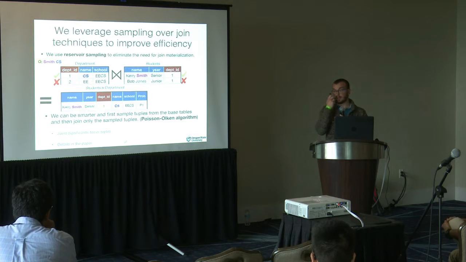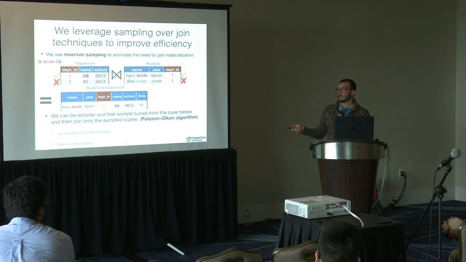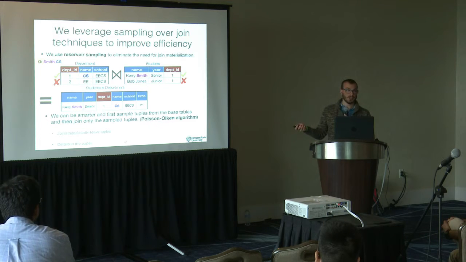So the first issue is solved by using reservoir sampling, which eliminates the need to actually materialize the full join. We can simply sample as we're joining tuples, so we never have to store the entire join. And then the second problem, that's still kind of slow, and so we further improve it by implementing what's called the Poisson-Olkin sampling algorithm, and that instead does some sampling of the individual tuples beforehand.